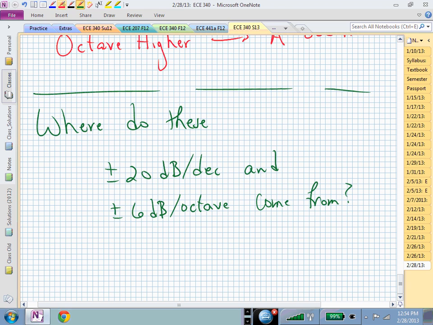And these particular amounts are associated with a single linear factor.